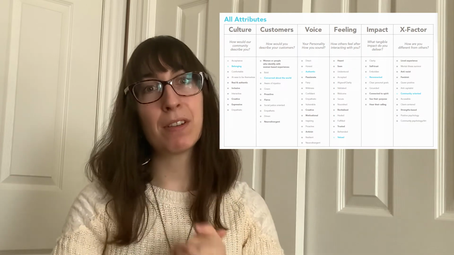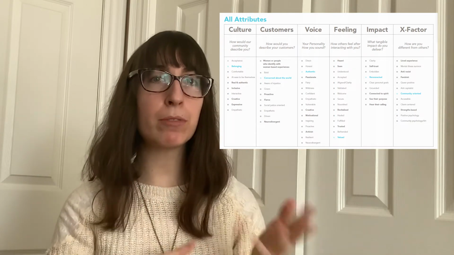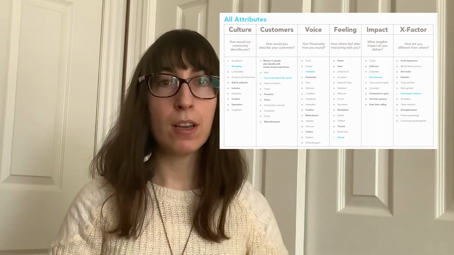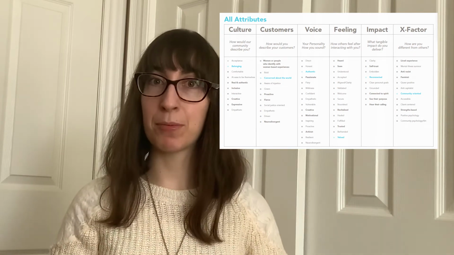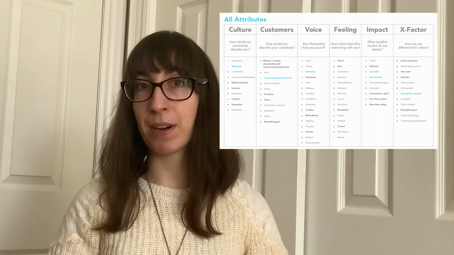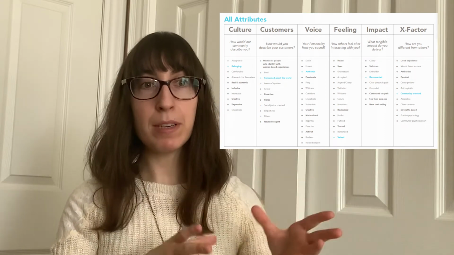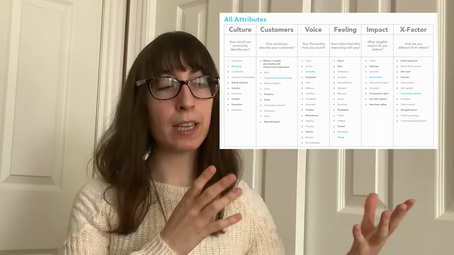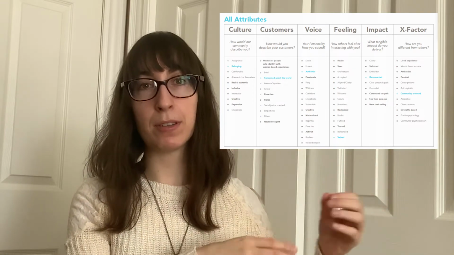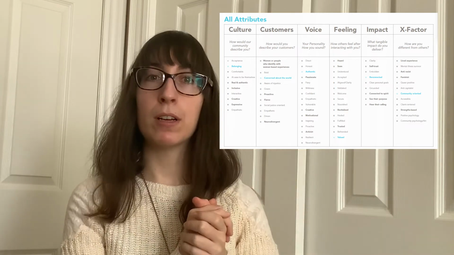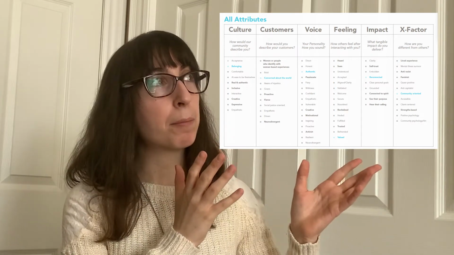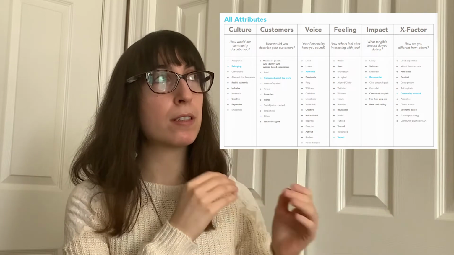So yeah, that's pretty much everything in today's video. So we'll briefly go over what we talked about. Basically we talked about brand personality, which is step 3 in the process of building a brand. And what we need to do is look at the type of brand that we want to create visually. How do we want people to feel? How do we want people to interact with us?